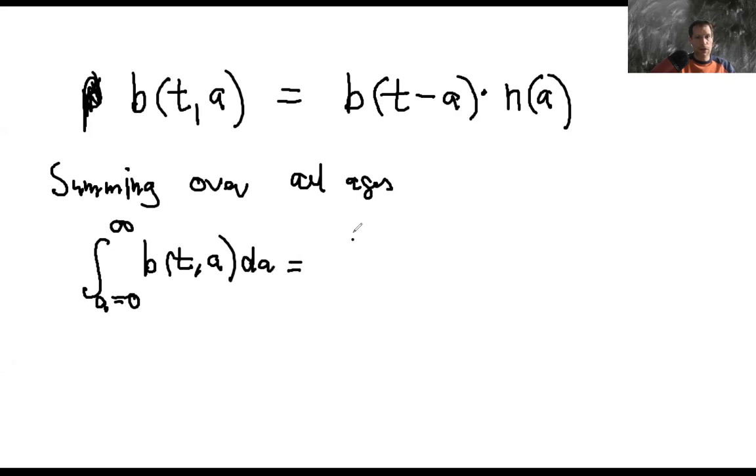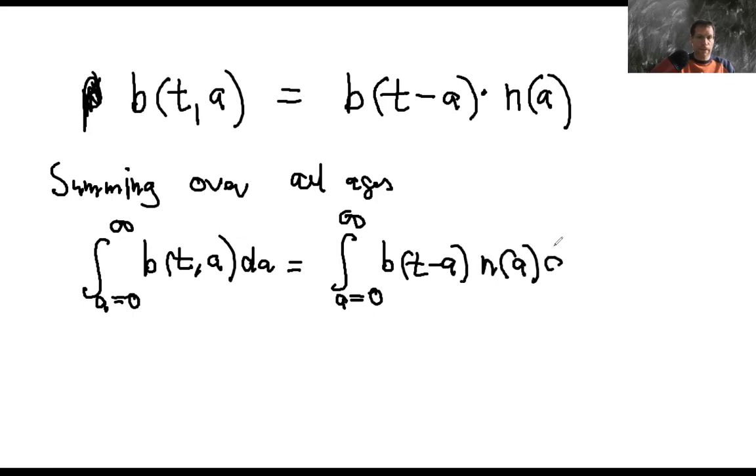And the same on this side, a from 0 to infinity, and then we have here our b(t-a) n(a) da. And this quantity here, we will simply call what we have up there. That's the number of births at time t, disregarding the ages, so summing over all ages, or the marginalized age part, right? So this is the equation that he did.